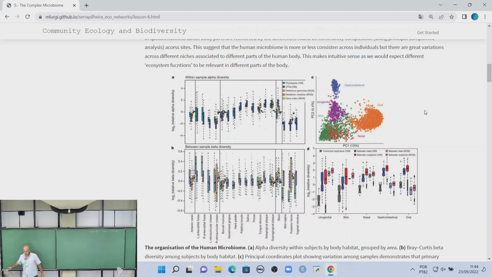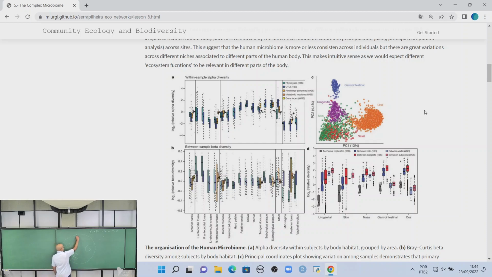Alpha is the local. If you imagine that you had some sort of big regional pool, and then you have local communities, in which you have your species localized in different patches, alpha diversity would be the diversity at the local scale, so in your local sample.